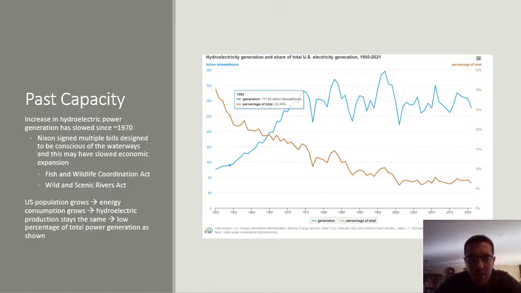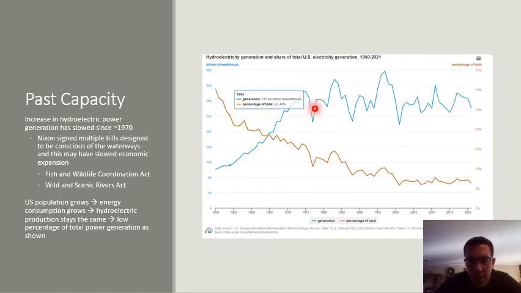Though the capacity is very similar to what it used to be, that's still a little bit different. And so our population has grown. We've seen that our energy demand grows when that happens. And so with our capacity being the same, call it an average of about 280 billion kilowatt hours.